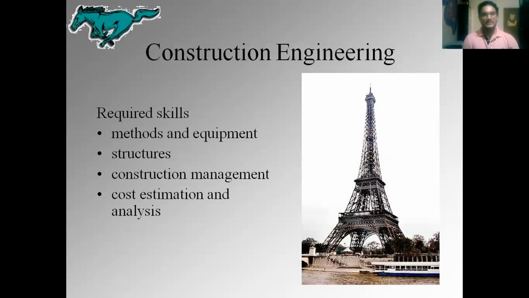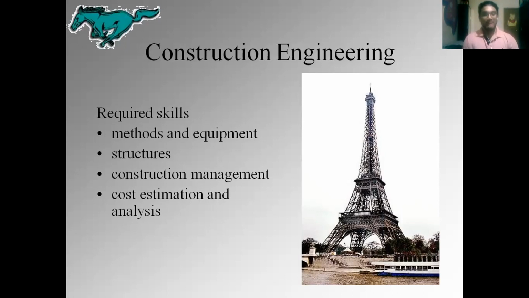What is the major role in that specialization? What are the benefits you're going to get if you do that specialization? In the first one, construction engineering, the required skills to become a construction engineer or to study construction engineering are: you have to know the methods and equipment used in particular construction, and you have to know the structures in different areas of civil engineering.